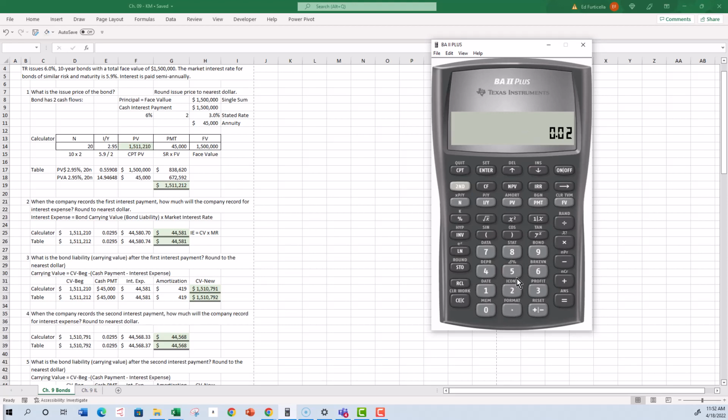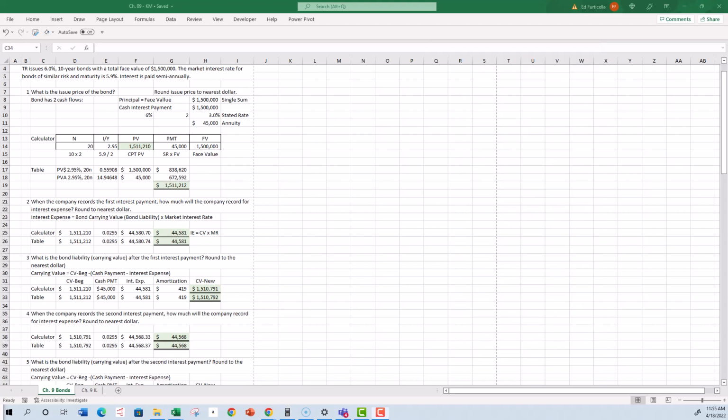We multiply it by the market interest rate, which is 2.95%. We get 44,580.70. The problem asks that we round everything to the nearest dollar, so it's 44,581.